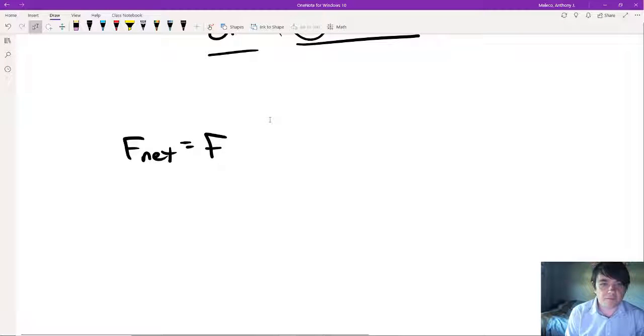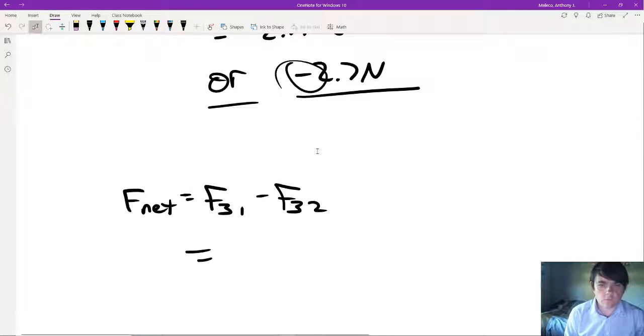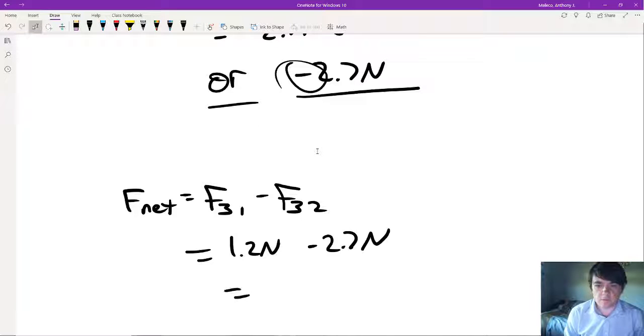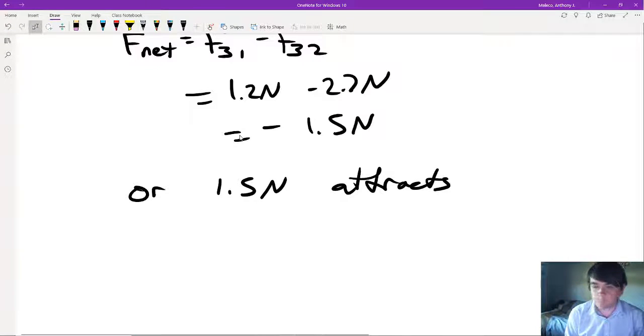F net equals F31 minus F32. F31 was 1.2 newtons. And this is going to be our negative sign right here, so 2.7 newtons. And it's an answer of negative 1.5 newtons, or 1.5 newtons attracts, okay?